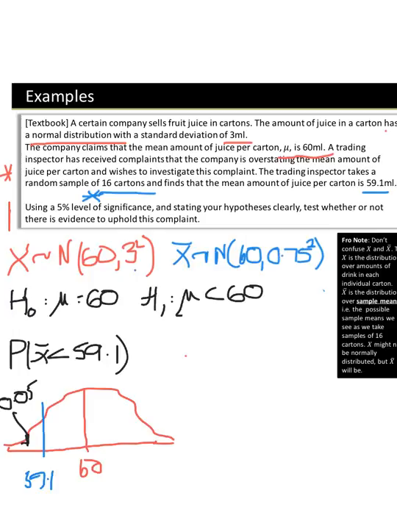And what you've got to remember, if it falls in this region here, we would reject the null hypothesis, so that would be a reject. And if it fell here, we would accept the null hypothesis.